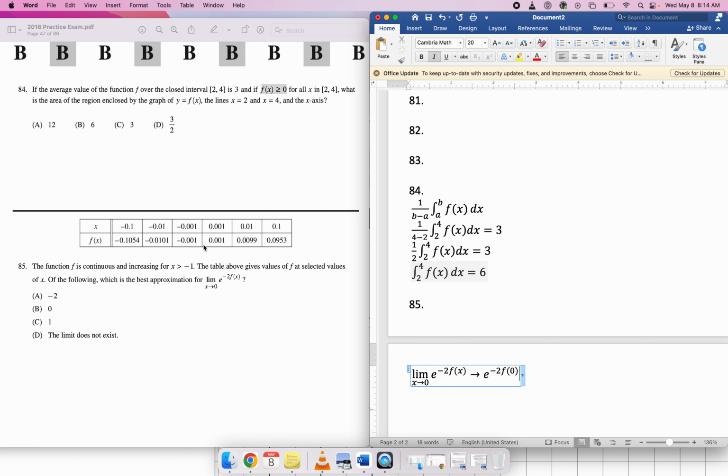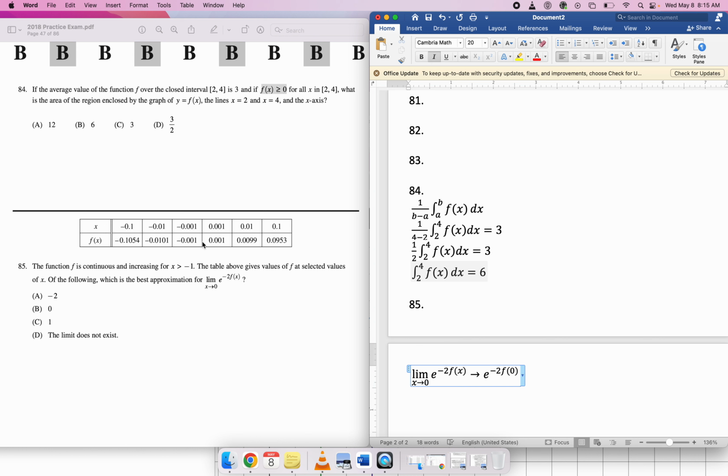Now, as x approaches 0, in this table x is approaching 0 from the left. See how these values are getting closer to 0 from the left? And on the right, the x values are getting closer to 0 from the right. It looks to me like the value of f is approaching 0.